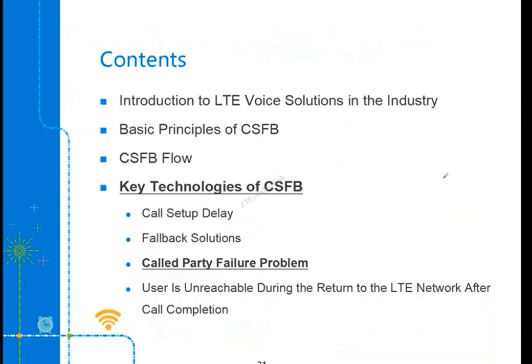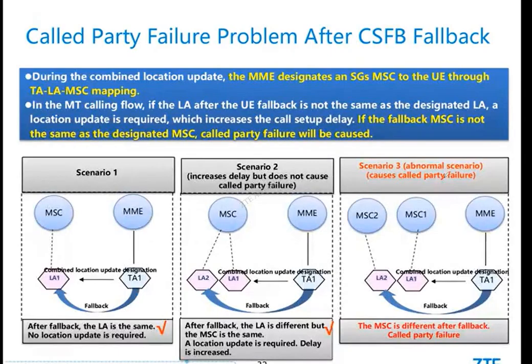Okay, the third technology is the called party failure problem. So what is the called party failure problem after CS fallback? Because we know during the combined location update, that means the UE will update in 4G network and the 2G, 3G network, right?